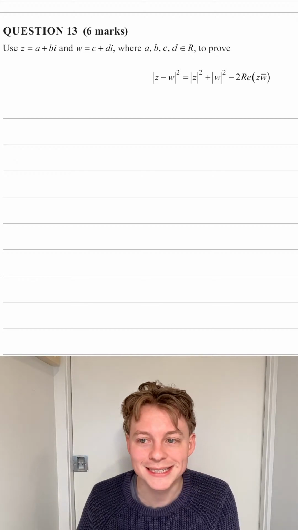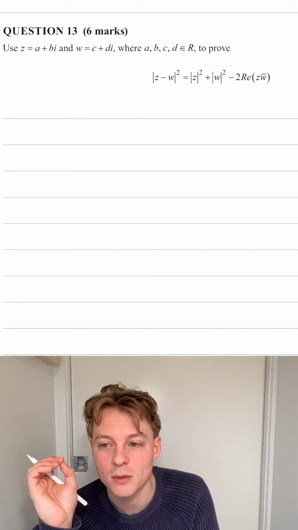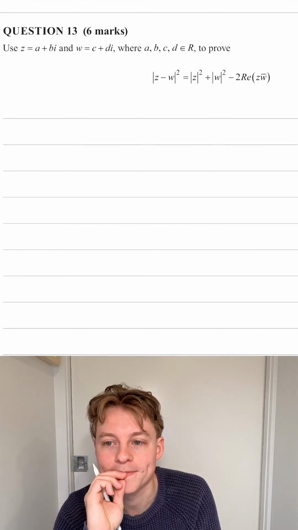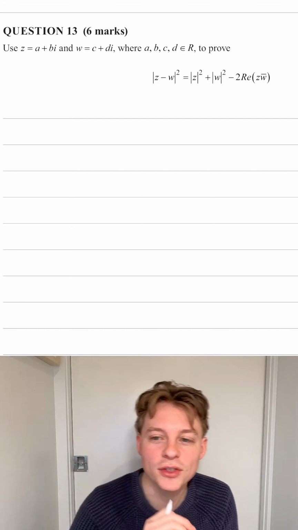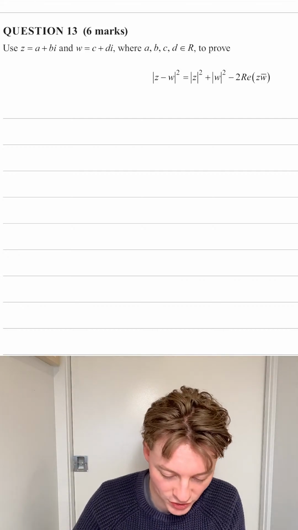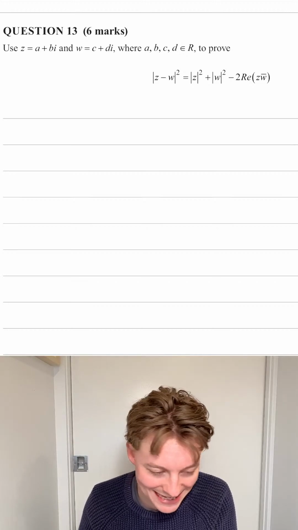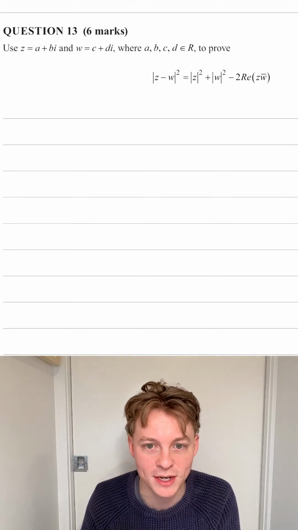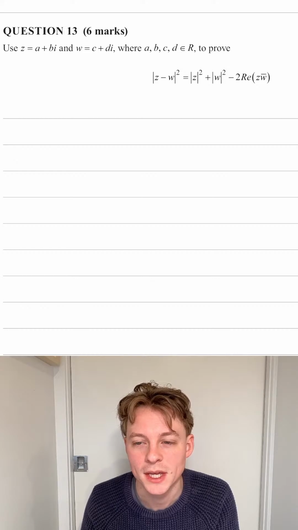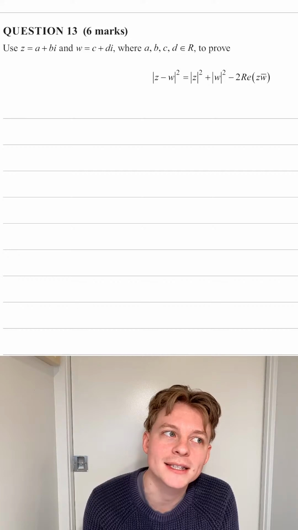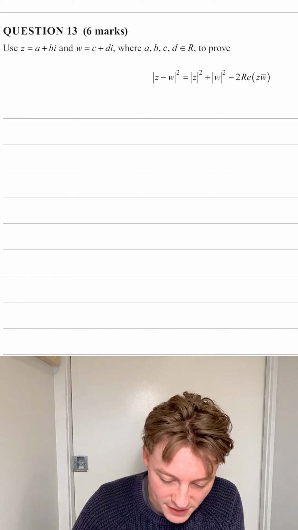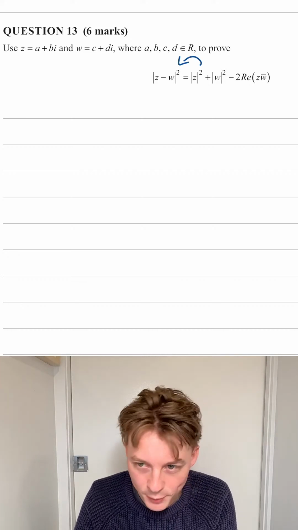I normally say start with the right-hand side, okay? We can do that. I don't think it's going to matter for this question, just what I know about complex numbers. But if we want a good system to use in the exam, normally the right-hand side's better. It's normally better to start with the messier side, because the messier side sometimes will work back and become more simple.